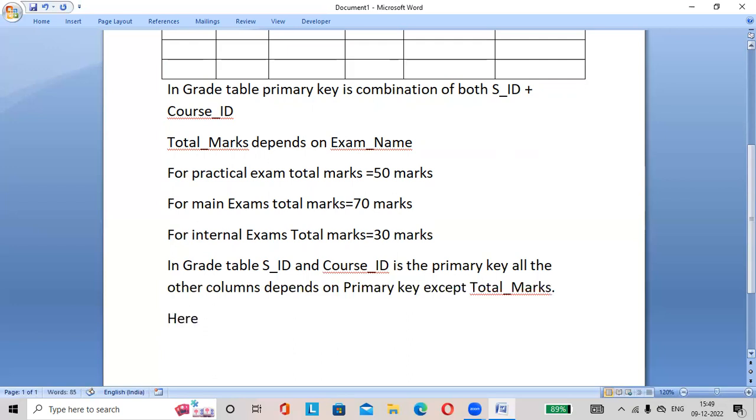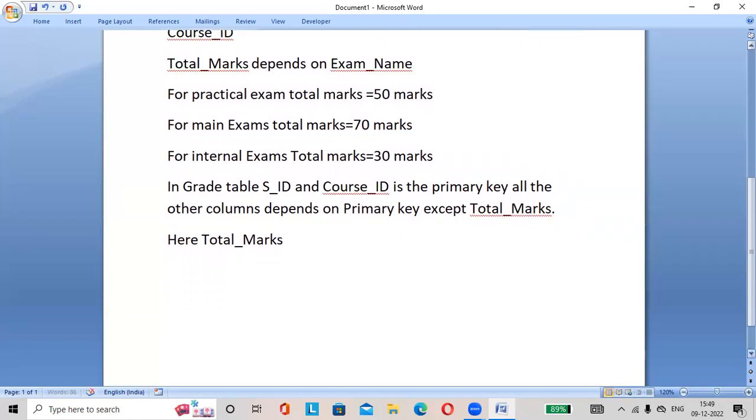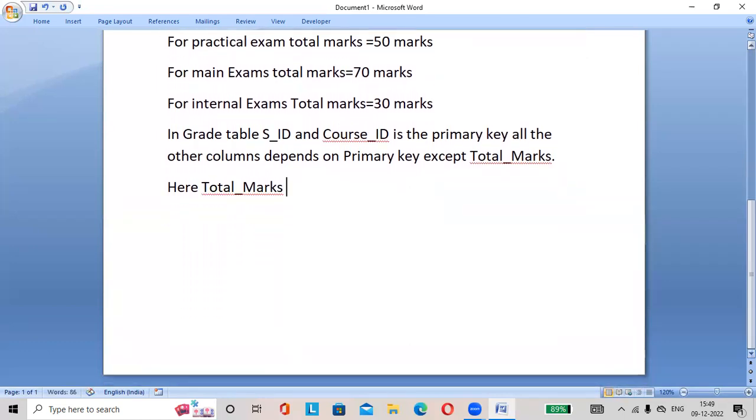Here total marks depends on exam name. This is known as transitive dependency. This is known as what? Transitive dependency.